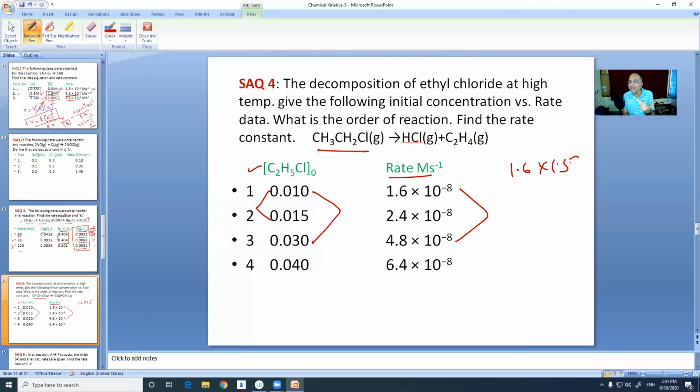So you can take any two data. If you don't have time, and there is a single reactant species, just compare any two data which are suitable for you, 3 times. Here also you can check 4 times. Also here it will be 4 times. 16 4s are 64. We have already done this together.